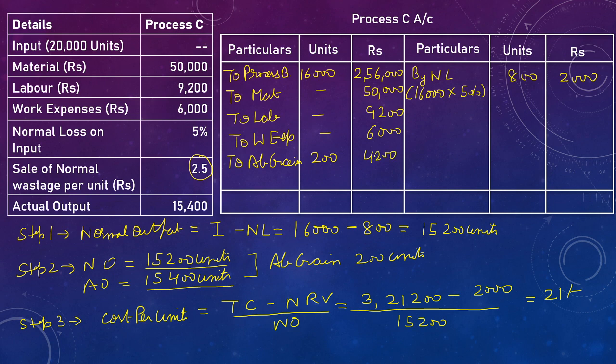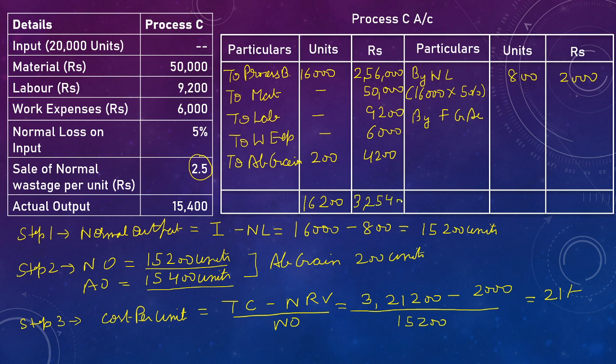Now the output of process C becomes the finished goods. So here the balancing value becomes the by finished goods account. So first we have to total the debit side, which is 16,200 units, and in amount column we have to write 3,25,400.